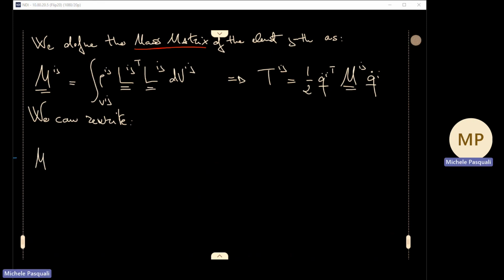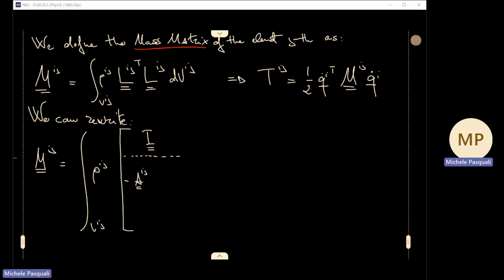Yeah. So Mij, as a matter of fact, is the integral over Vij. Well, it's just a way to rewrite in an explicit form what we have just seen. So we have G, and then Ij, sorry.